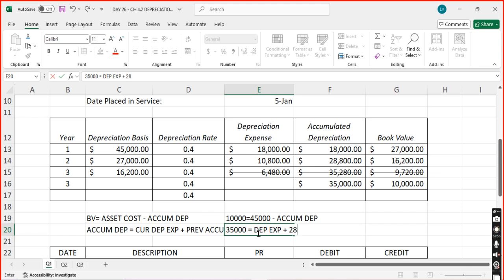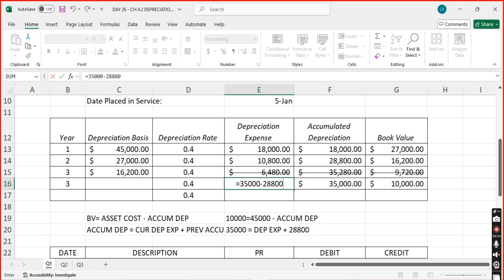Okay, 28,800. So let's solve. How do you get to 35,000 if you are at 28,800? No. So again, your accumulated depreciation is the current year's depreciation expense plus the previous year's accumulated depreciation.